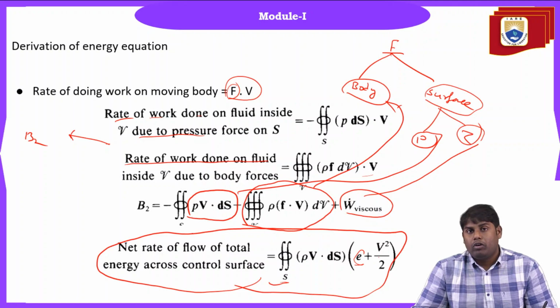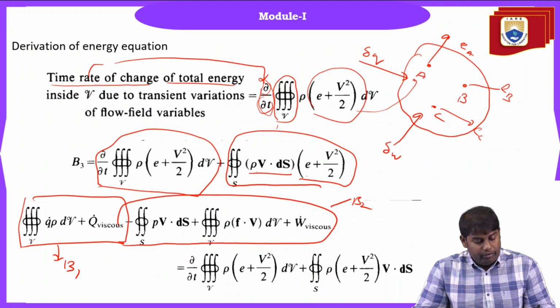The work is done because of the gravitational pull or electromagnetic force on the particle. Next, surface force is nothing but the pressure and the shear. So that's why here you have the work done due to pressure force and work done due to viscous force, and this is volumetric heating.